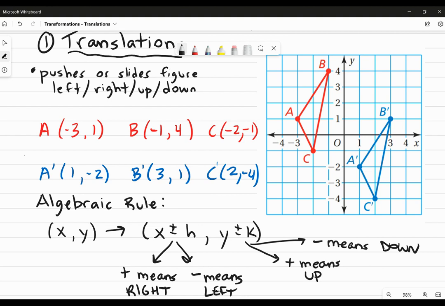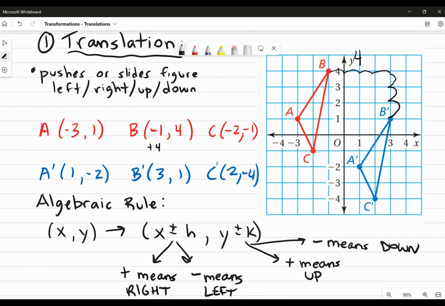So for example, I can look at the x movement. If I start at my image, I'm seeing how many spaces to the right did I count to get to B prime, and it looks like it's changing by 4. So mathematically, this makes sense because -1 plus 4 is 3. Then I'm looking at how many spaces did it move down.